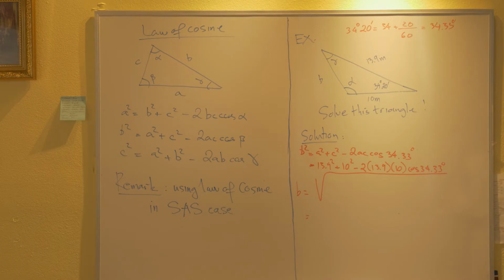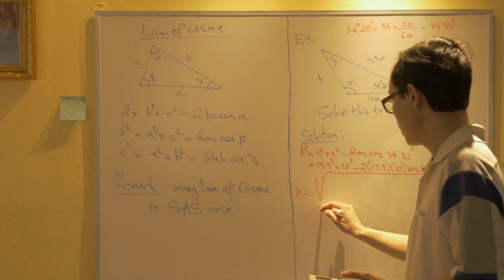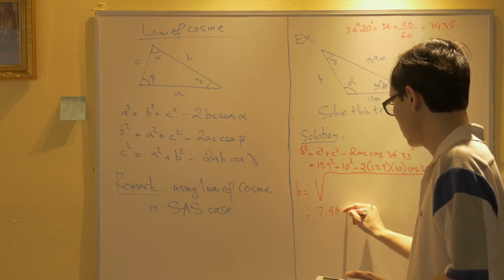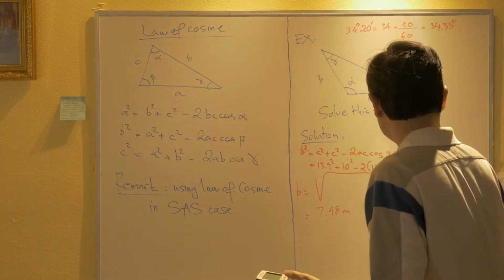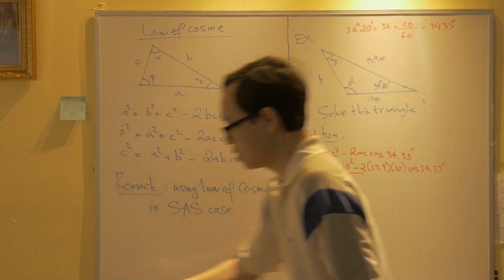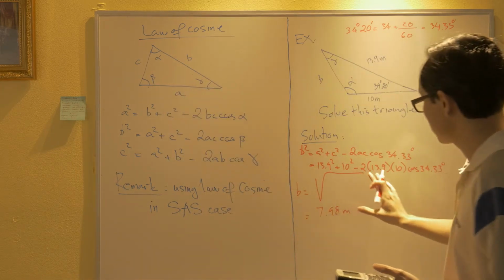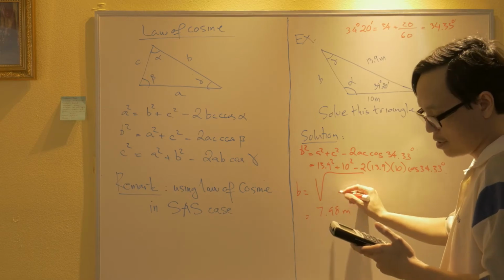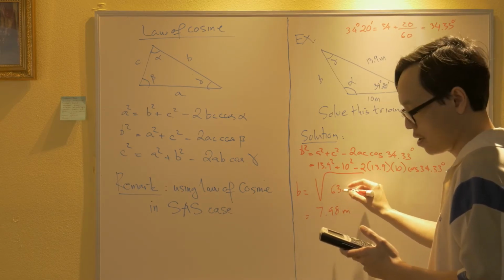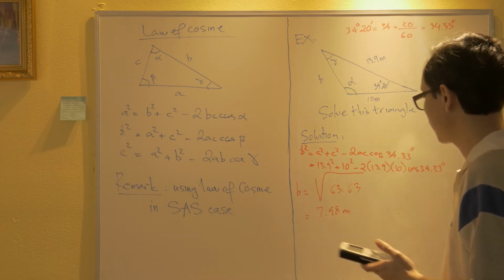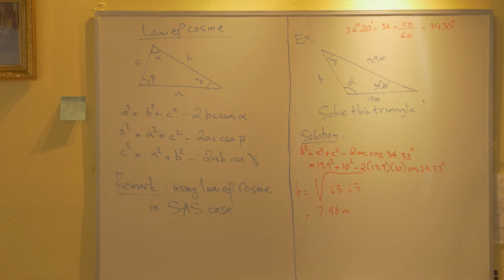Then you take the square root, you have 7.98. So b is 7.98 meters, and over here the radical gives you 63.63. Okay, so I got b.